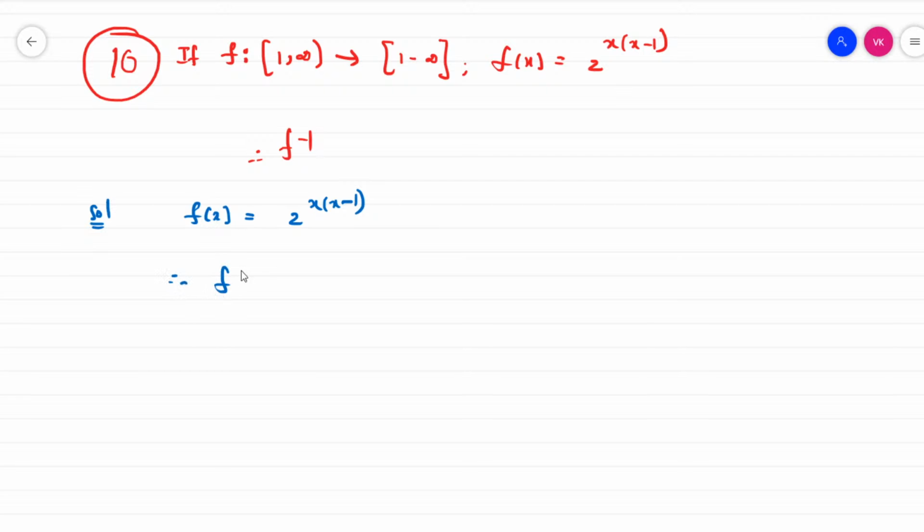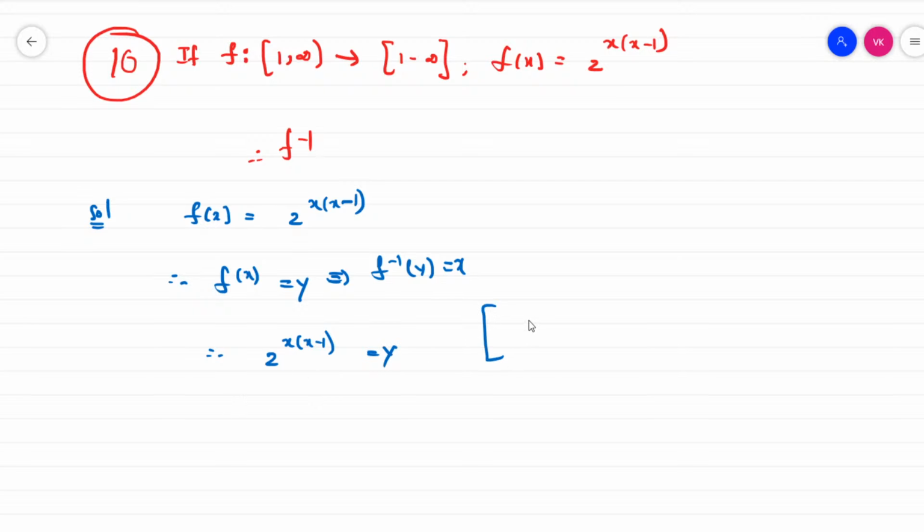Then let us assume f of x is equal to y, which implies f inverse of y is equal to x. Okay, so in this way, first of all, 2 power of x minus 1 is equal to y. Okay, then we can apply logarithm directly.